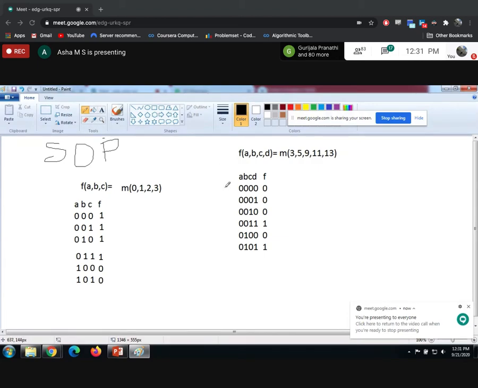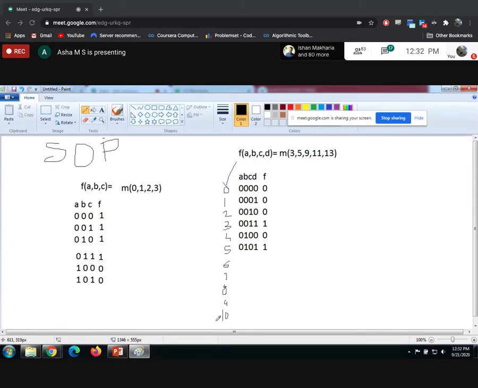You can write the decimal form first: 0, 1, 2, 3, 4, 5, 6, 7, 8, 9, 10. If you are a beginner, until you learn this, you can follow this method.